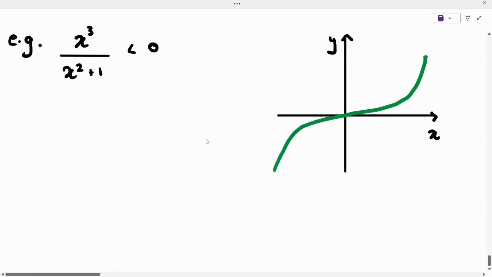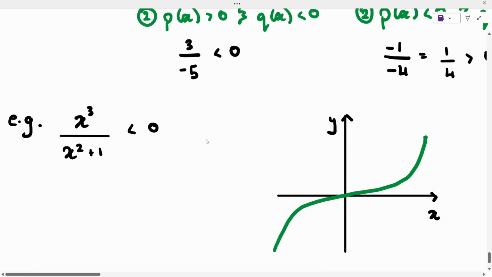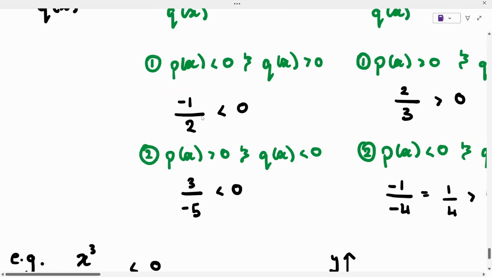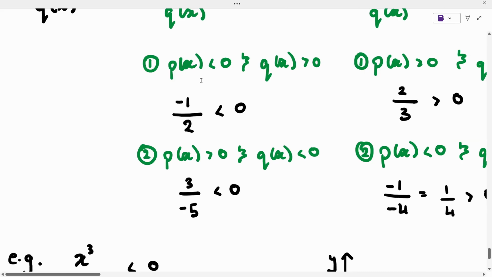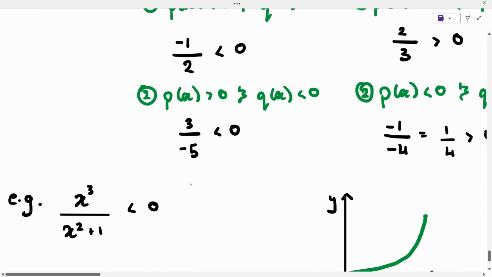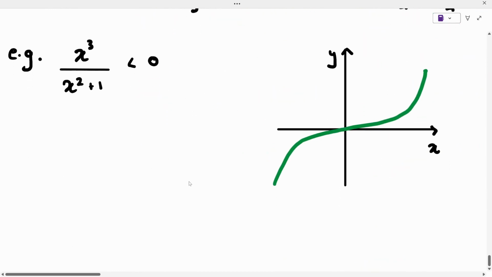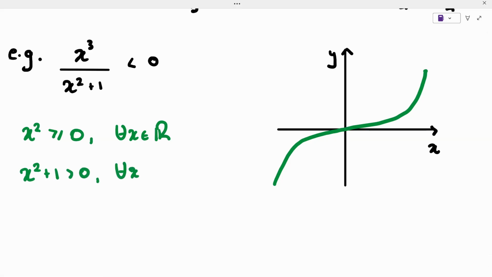So this inequality is less than 0, so we are looking at one of these two cases here: either the numerator is less than 0 and the denominator is greater than 0, or vice versa. So let's look at this denominator actually. Notice x squared is greater than or equal to 0 for all real values of x. So x squared plus 1 is definitely greater than 0 for all real values of x, meaning the denominator is positive.